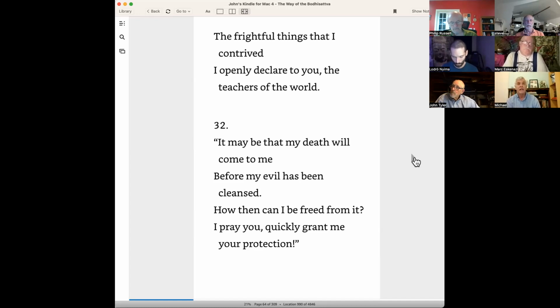Basically, in the next set of verses, he's going to be talking about the reality of death and dying. That first of all, we might die before we've had the opportunity to work with, become free of these habitual patterns, that these habitual patterns, these neurotic crimes, these sins, if you want to call them that, will follow us from lifetime to lifetime if we are willing to accept the idea of rebirth.